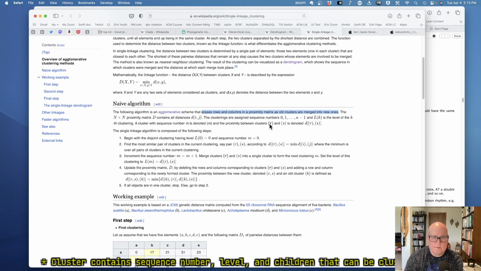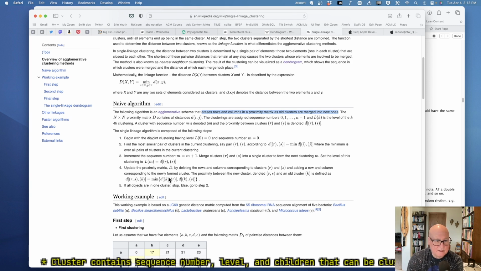Okay. The proximity between two clusters is noted like this, right? DXY, we have to look up. Oh, we have two matrices going on, don't we? Update the proximity matrix by deleting rows and columns corresponding to those and add one for the newly formed cluster.